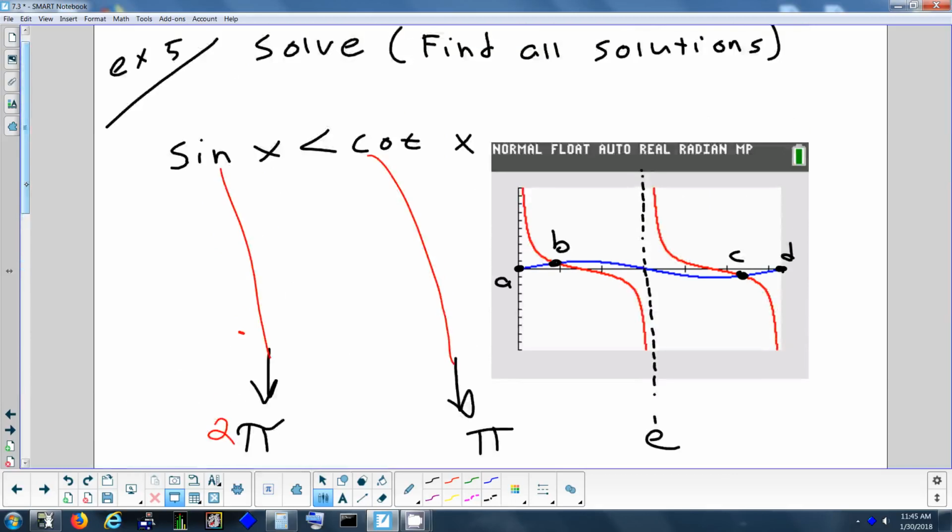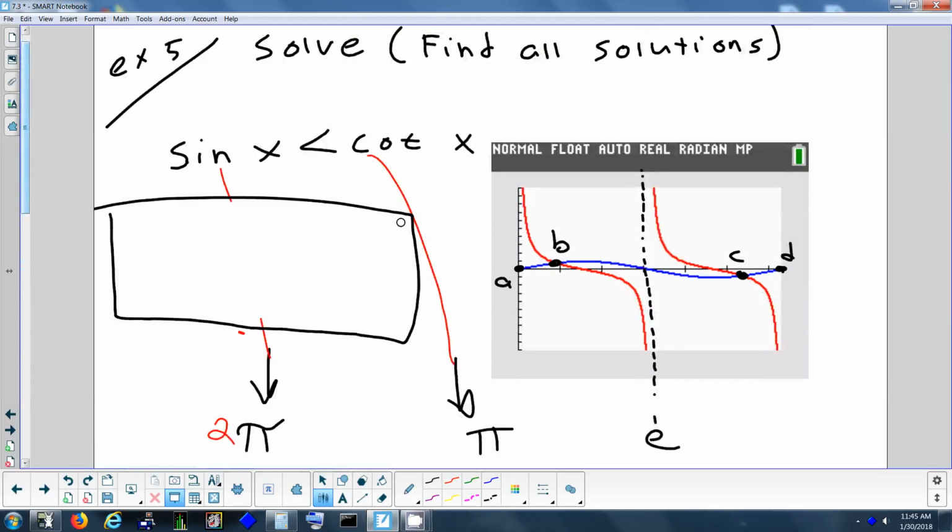All right, let's put our answers over here. From A to B, can I include A? Well, what's happening at A? I didn't draw it, but I drew one of them somewhere else. Oh, there's another asymptote here.